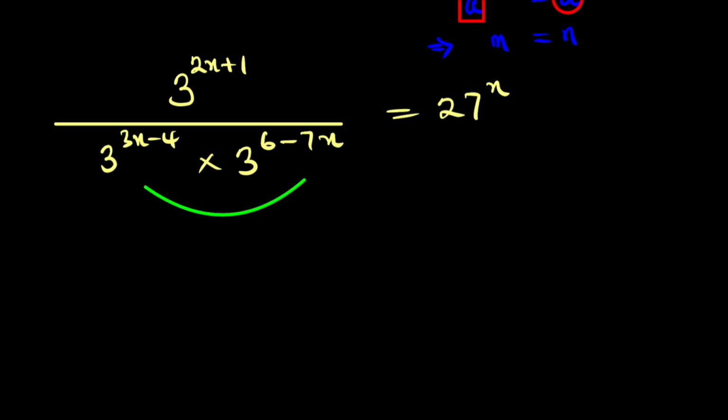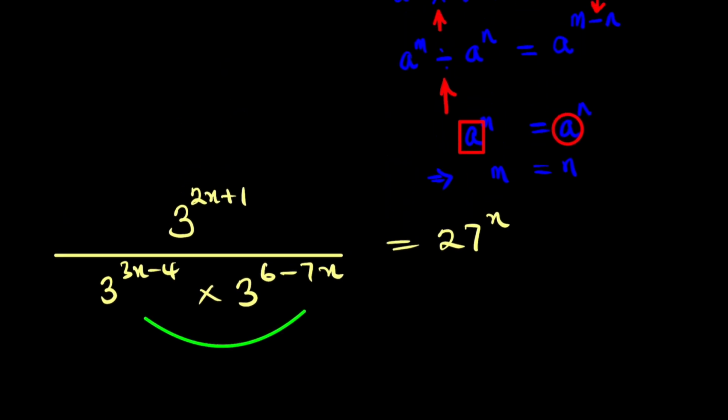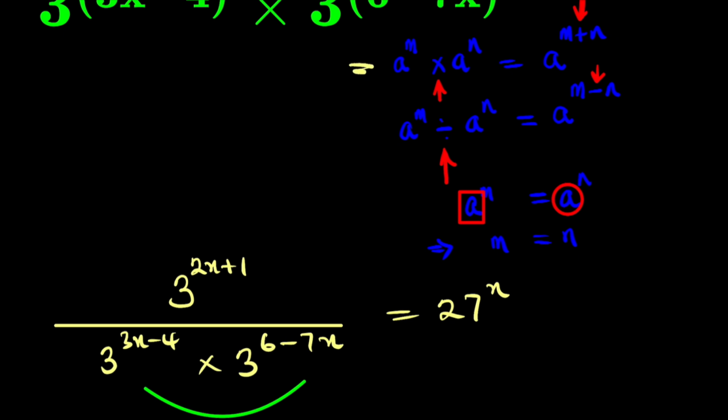This denominator can be written as 3 raised to power 3x minus 4, then plus 6 minus 7x according to the first rule here.